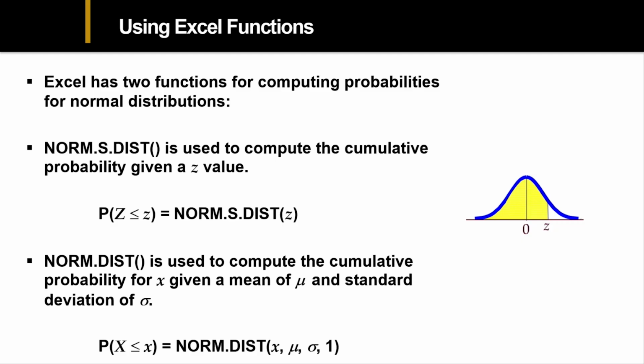So we say norm.dist, the particular x value from that normal distribution, then mu, the mean, sigma, the standard deviation, and the last parameter is a 1 to add up all the values. So that's where cumulative probability comes into play. That's the less than or equal to part instead of just right around that x value itself.